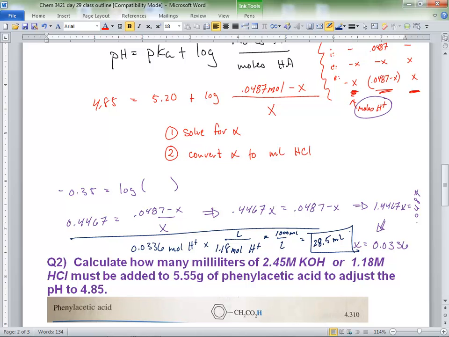So that's good enough, right? Yeah. So that is just a regular X right there, 0.0336. So now you have this. So you have to add x to both sides.